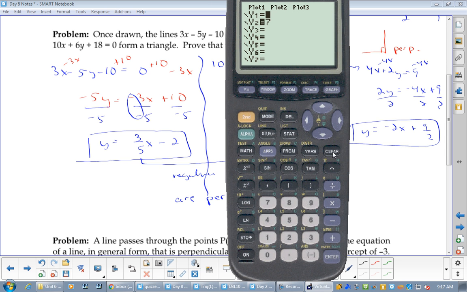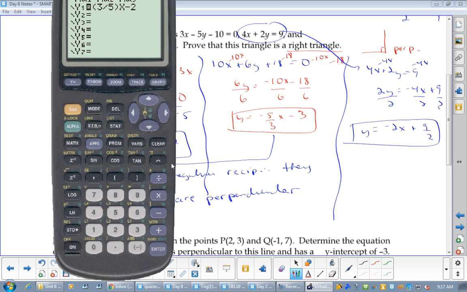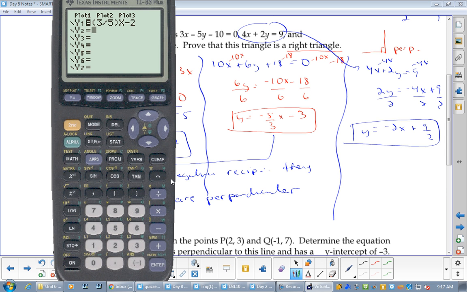So I want to clear this, clear that. So if I go y equals, now I'm going to do this in brackets, 3/5 x minus 2. And then I'm going to put the other one in, y equals negative 5/3 x minus 3. And my last one is negative 2x plus 9 over 2.